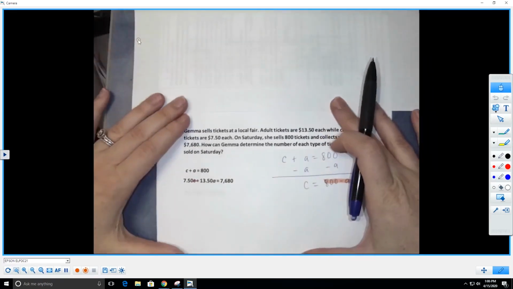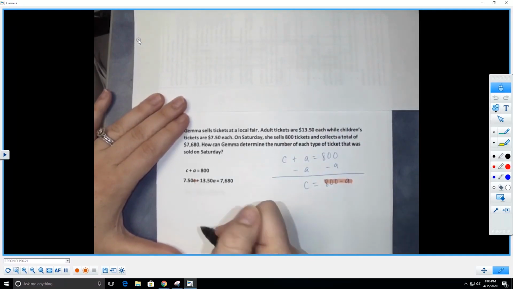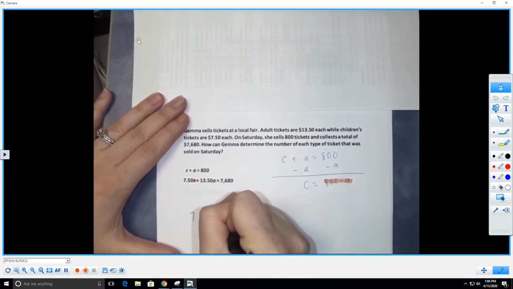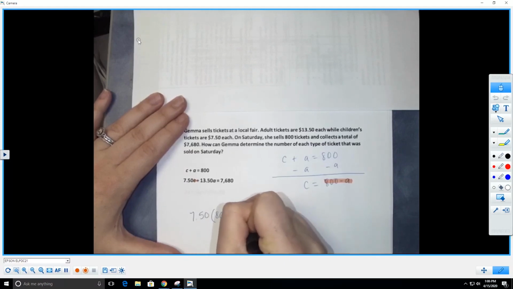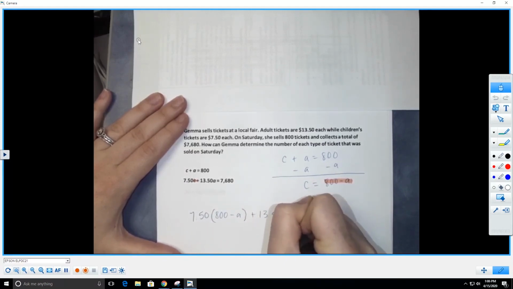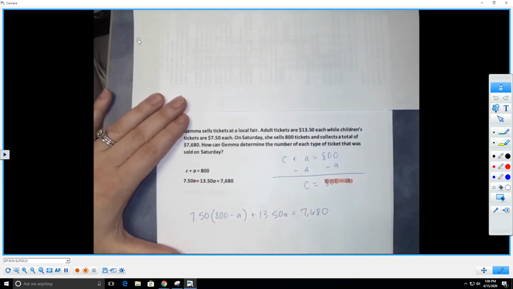So we will plug this in for where we see the variable C, and we'll solve. We have 750 times (800 minus A) plus 1350 times A equals 7,680.